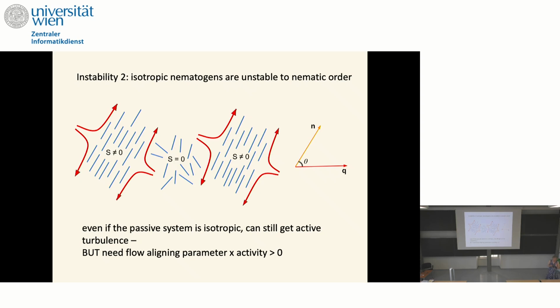These are extensile nematics, and so what's going to happen is that this order is going to set up flows. The red arrows show the flows. The flows are pushing outwards along the long axis and inwards along the sides, and similarly here you get these red flows set up. So the ones in the middle, where there wasn't a fluctuation, are going to be subjected to a shear flow.